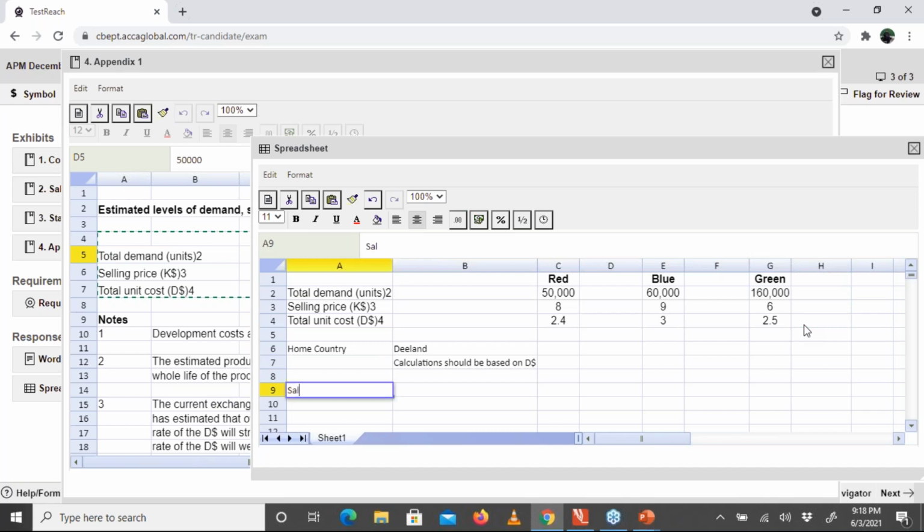The first thing is the sales revenue in terms of K-land dollars, which is going to be this multiplied by this. This is the sales revenue in K-land dollars.